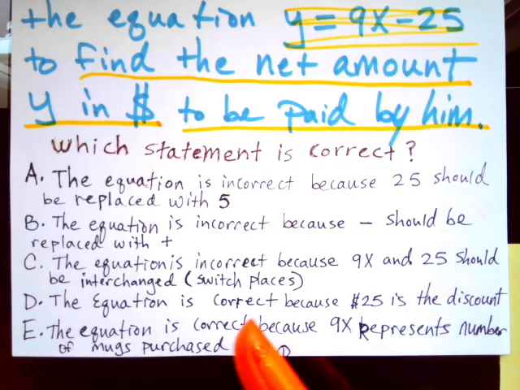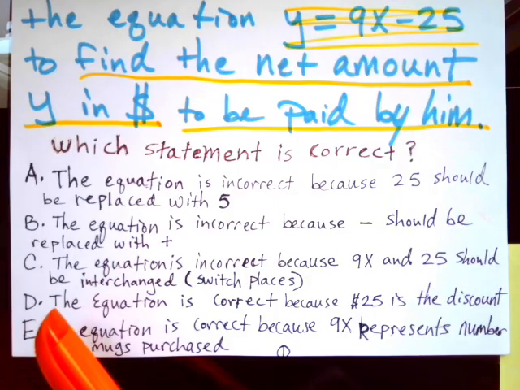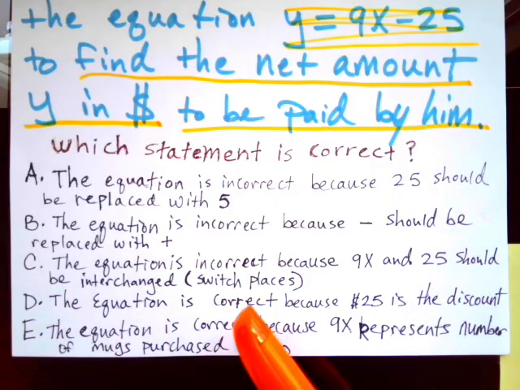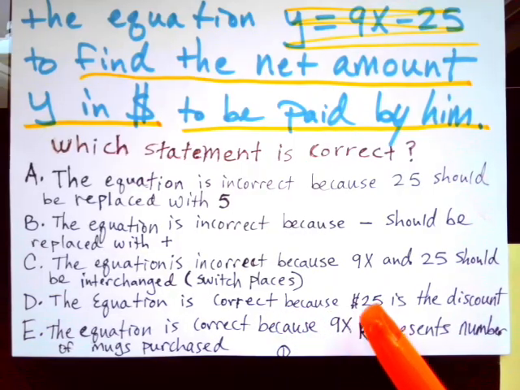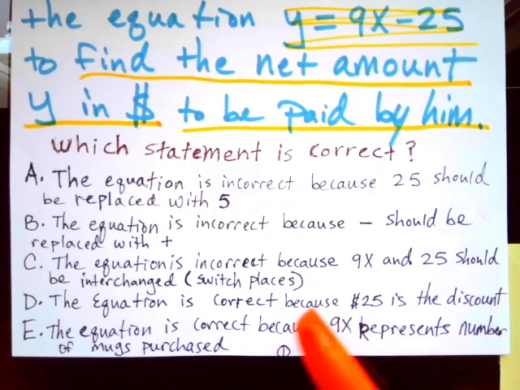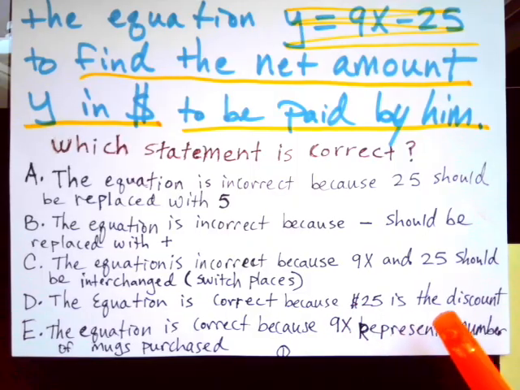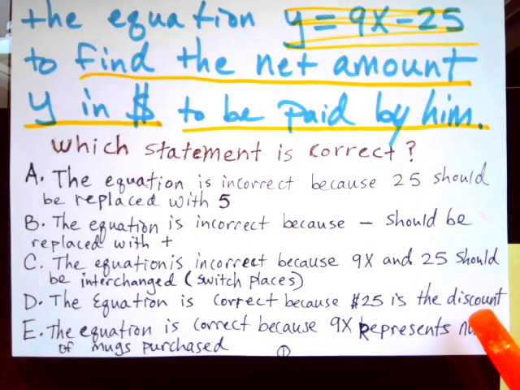So in a test-taking strategy, you could cross off D, right? You cross off D because $25 is not the discount. $25 is the minimum amount that the customer has to purchase in order to earn the $5 discount.